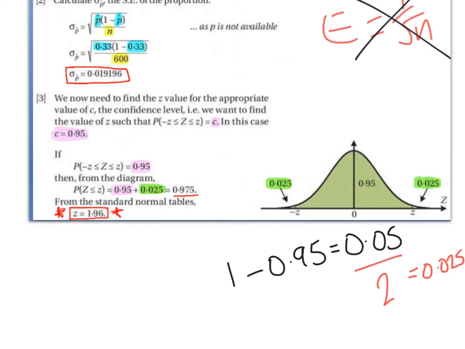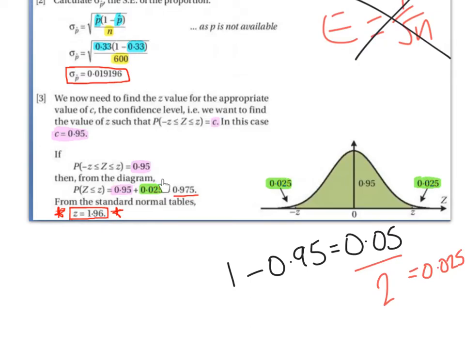So if we're interested in the probability that z is less than or equal to z, which is this point here, we want the area of everywhere to the left of it. So from here to here is 0.95, and from here to here is 0.025. So all together, we have 0.975. And from the standard normal tables, z is equal to 1.96.